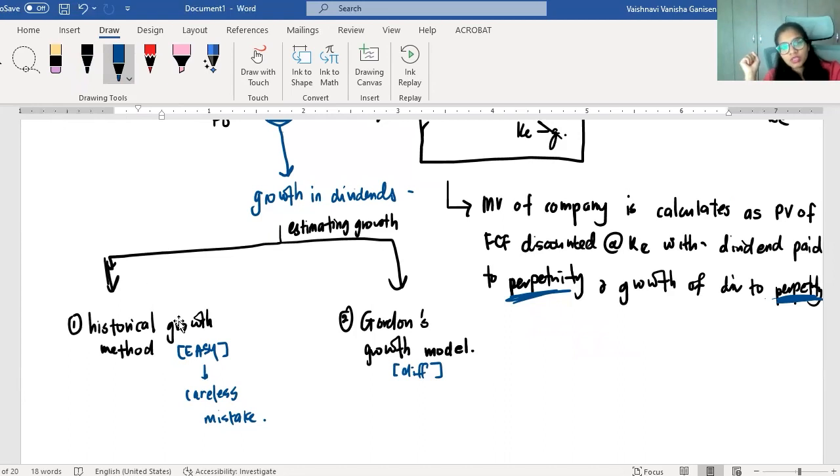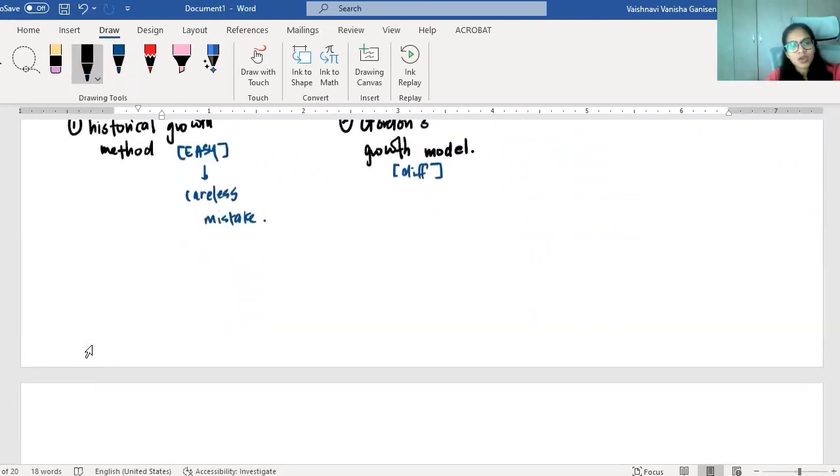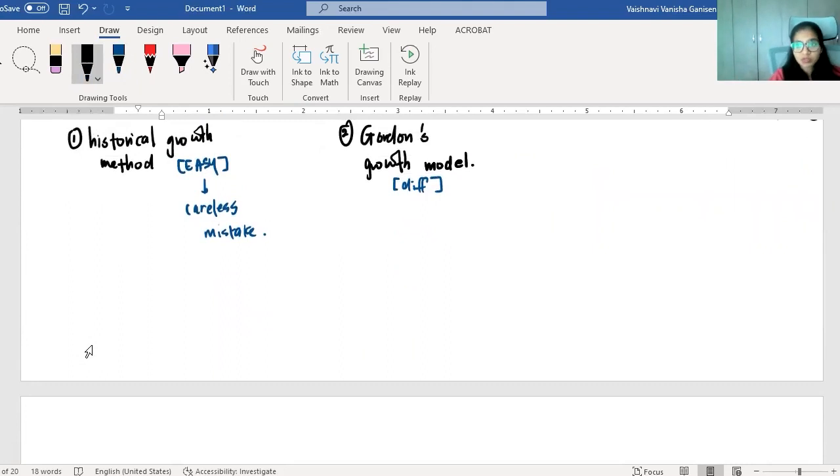So when you talk about the historical growth model, what is the formula? I know the books have many different types of formulas, but as I told you, please use my formula, because my formula has been simplified in such a way that it is easy for you to use.